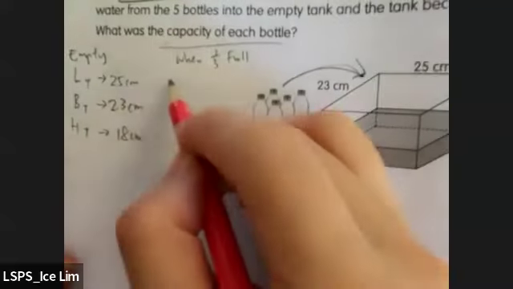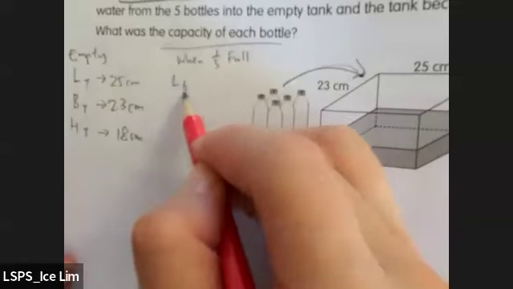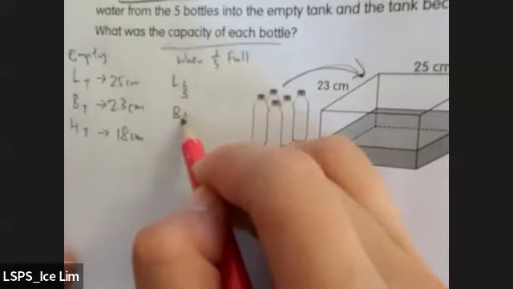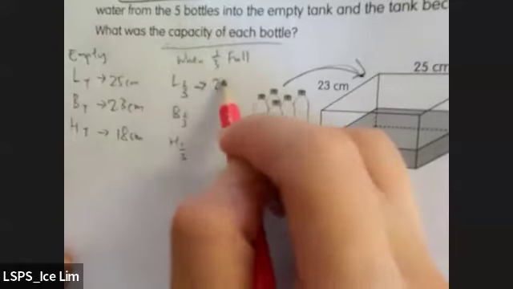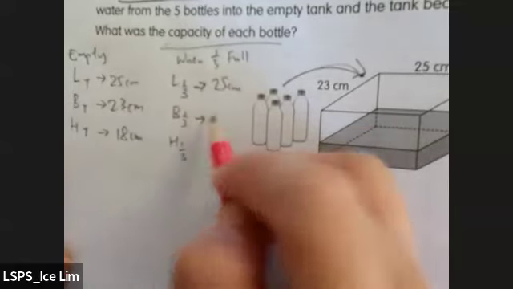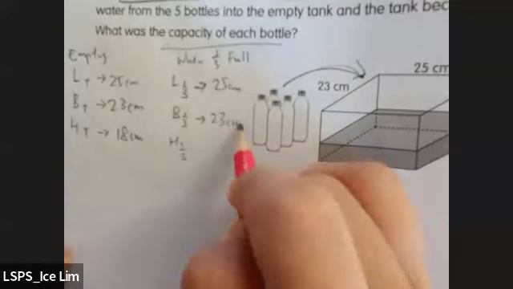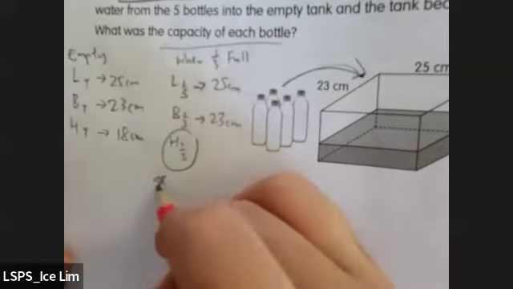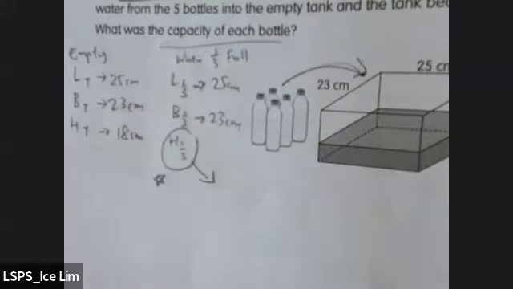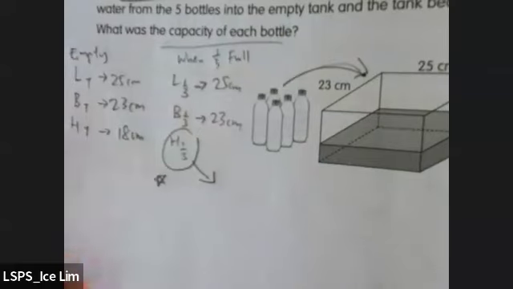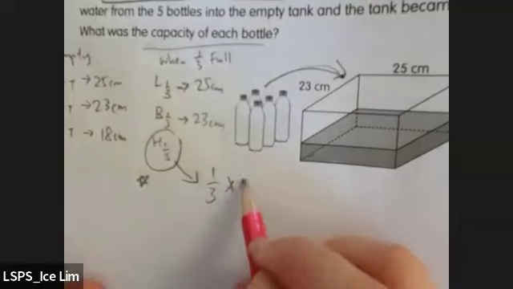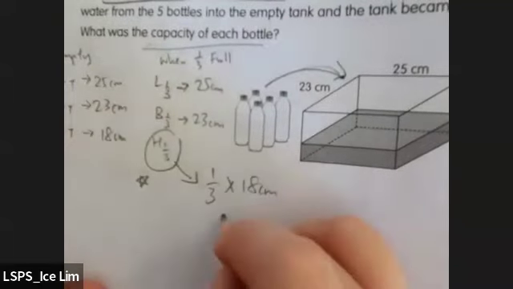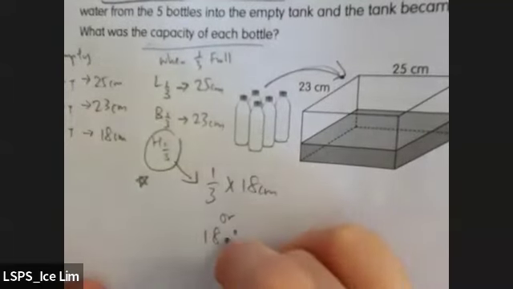you realize that the length, breadth, height: this one is still 25. This one is still 23. This one is the important one. What would this be? Very good. How do you get 6? 1/3 times 18 centimeter, or 18 divided by 3.